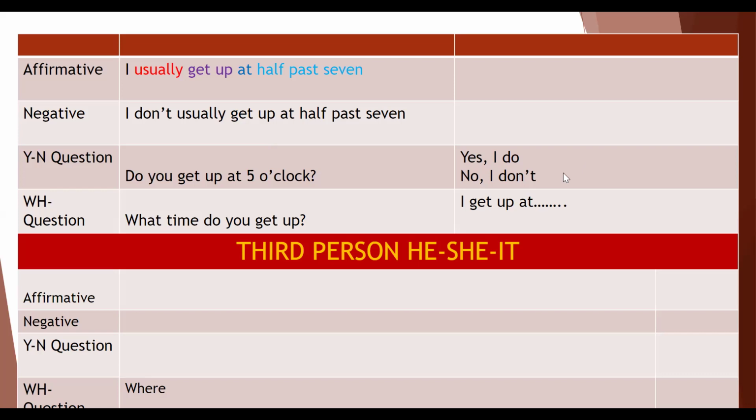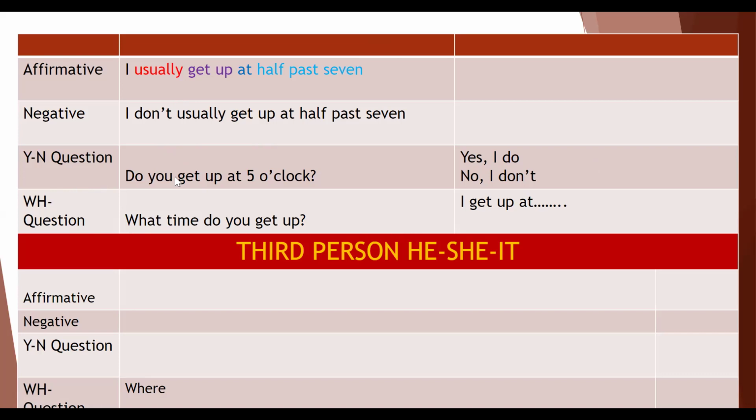Or no, I don't. So in your project, you are going to tell me affirmative sentences or maybe negative sentences. It's your decision, that's up to you. And you are going to include yes-no questions for the teacher and also WH questions for the teacher. For example, what time do you get up? What time do you go to bed?